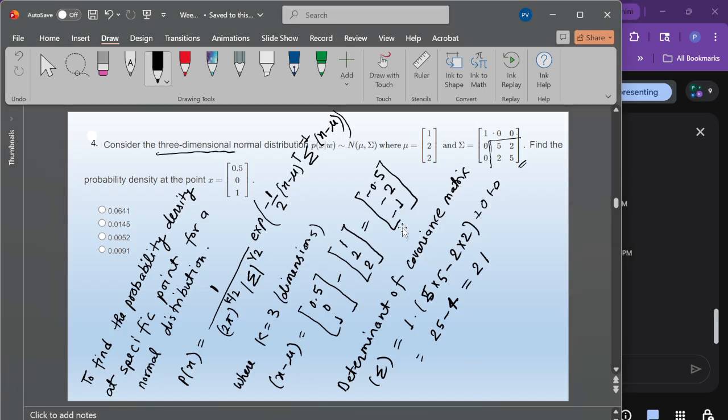Because of this block structure, in the 2 cross 2 matrix the inverse is 1 by determinant, and the A, B, C, D values are changed, with minus signs on the off-diagonal entries.